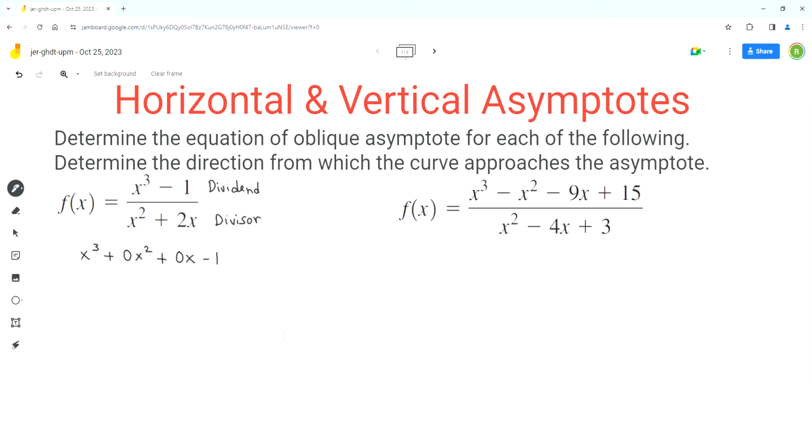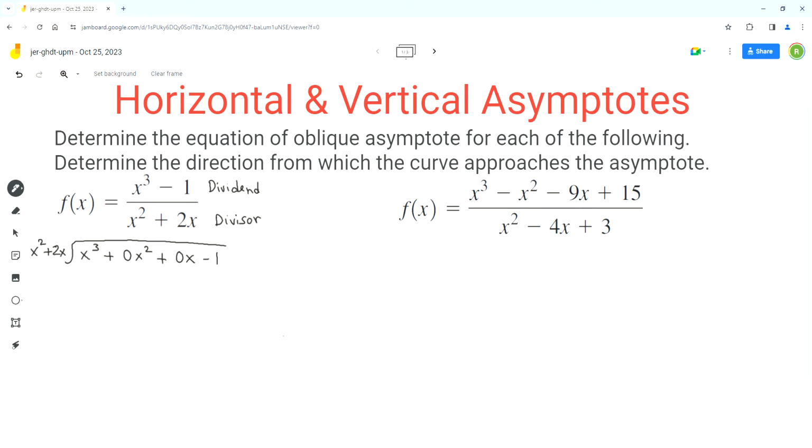These terms 0x squared and 0x do not change the dividend, but it becomes easier to do the polynomial long division. And then we use this symbol for long division, and we write the divisor on the left side: x squared plus 2x.